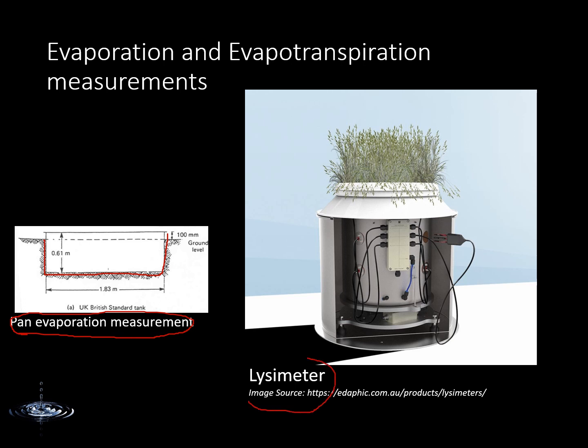For the transpiration, we can use the lysimeter. Pan evaporation measurement involves measuring the amount of water that is lost from a shallow open pan, and it has to be a standard size and placed at the standard defined location. The lysimeter is a soil-filled container with a plant, equipped with a weighing machine.